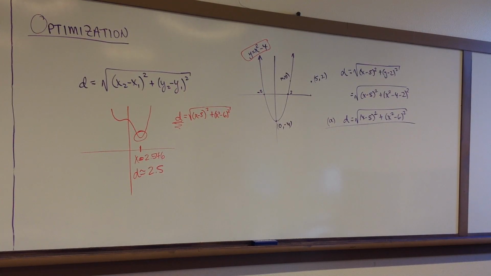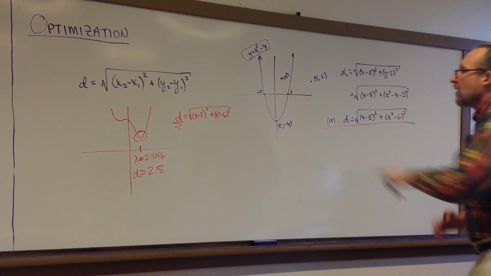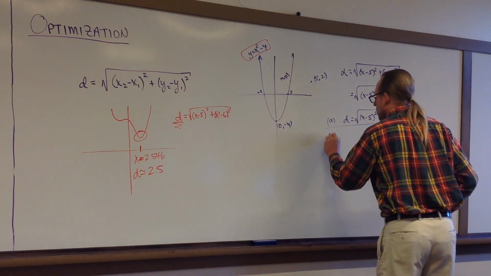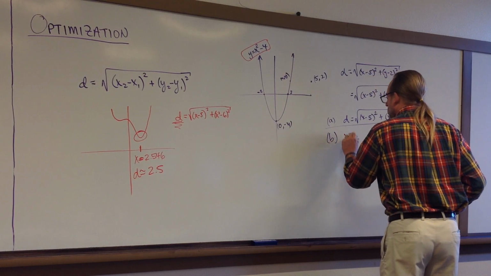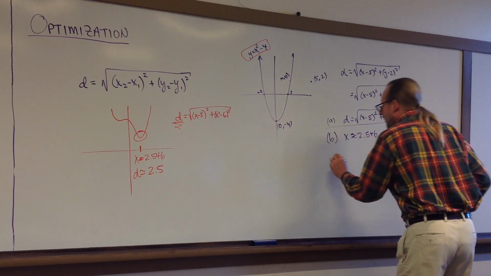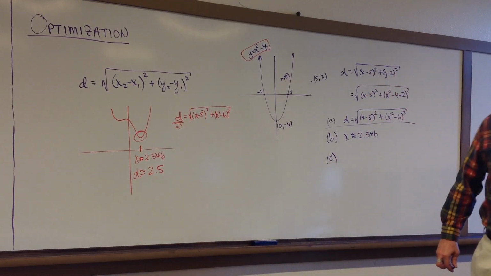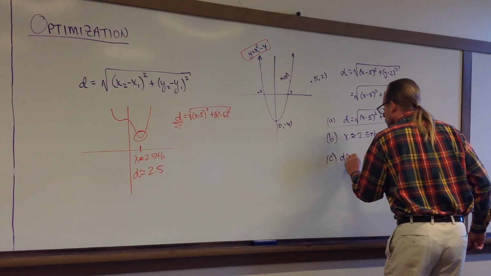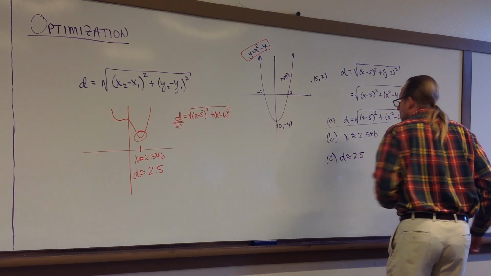Now, use the graph to determine the point of the graph that is closest. All right, well, we know the x value. It's 2.546. And we know the answer to part C. How far away is it? D is approximately 2.5.